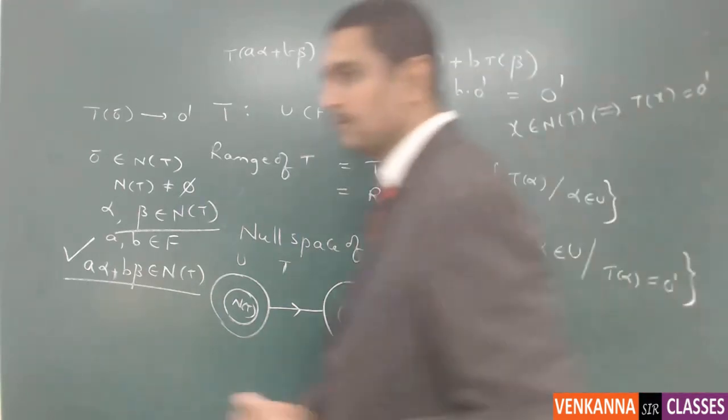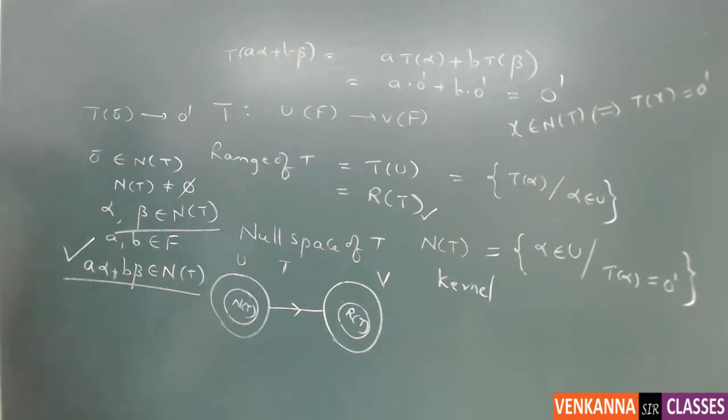That is nothing but the definition of N of T, because always the 0 vector is paired with the 0 vector. There is a proof for it. I will show you, but the proof is immaterial. I will give the proof if you want it, how the image of 0 becomes 0.